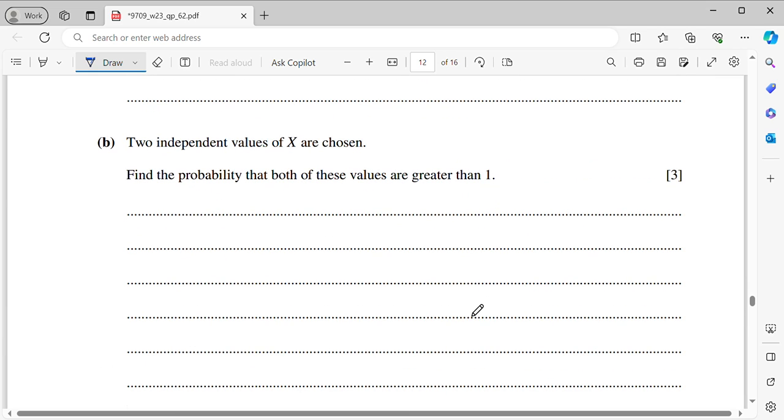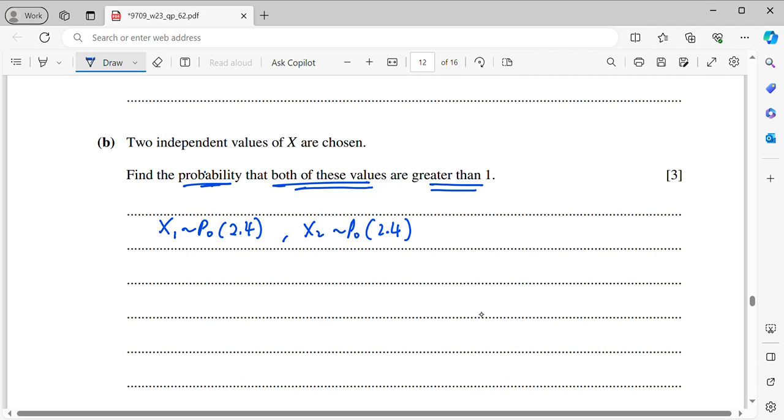Okay, now b, 2 independent values of x are chosen. Find the probability that both of these values are greater than 1. Okay, so now, let's say your x1 is Poisson distributed with lambda, or mu, 2.4, and the same goes for x2 because they are independent values.